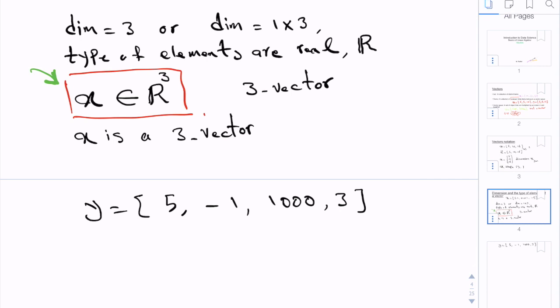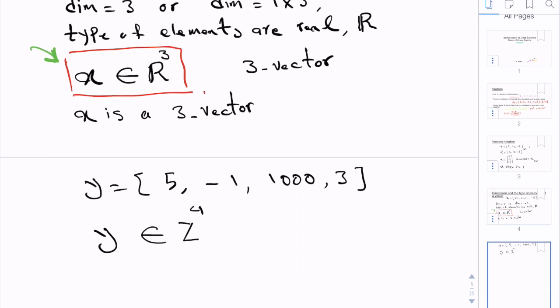These elements belong to the integer numbers, and we use the notation Z for integer numbers. So we say y belongs to the set of integer numbers of dimension 4. That means y is a vector whose elements are integers, and the number of elements in this vector is 4.